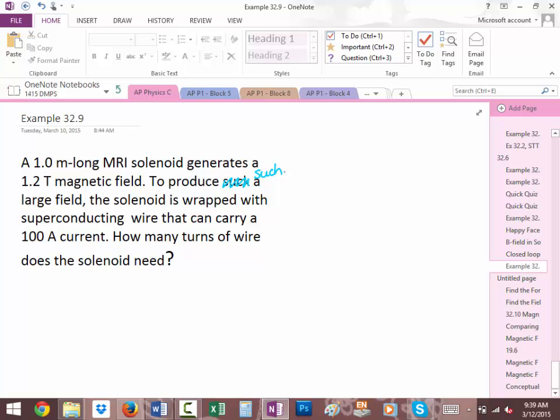The solenoid is wrapped with superconducting wire that can carry 100 amp current. The question says, how many turns of wire does the solenoid need? This is a pretty straightforward question. I like it because it's an applicable thing. This is why we use this stuff. Solenoids are fun just to look at, too, but they're really useful in this kind of situation. That's a pretty easy question, I think.